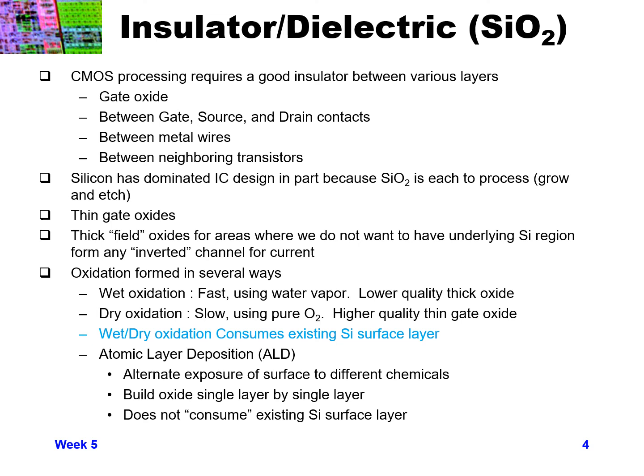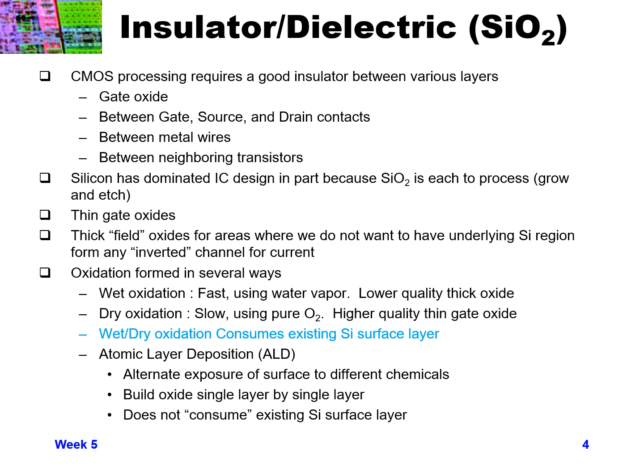A different way of forming oxidation that doesn't consume your silicon layer is what's called atomic layer deposition, or ALD. This is where we'll expose the surface of the silicon wafer to different chemicals, and one chemical will form on the surface and then expose it to a different chemical, and by alternating which chemicals, it will slowly build up oxide, single layer by single layer, and this does not consume any of the existing silicon surface layer.